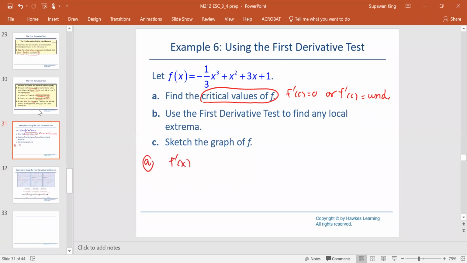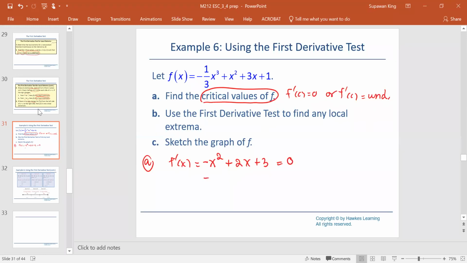The f prime for this function is negative 1/3 times 3, which is negative 1, x to the second, plus 2x plus 3. This is a polynomial function, so there is no restriction, and the case of undefined is not considered. We consider where f prime of x equals 0.